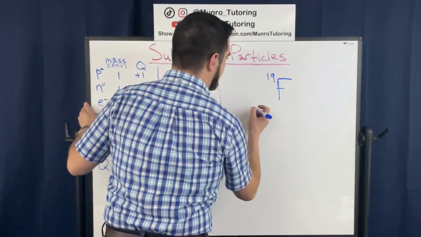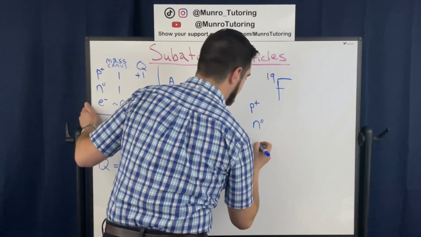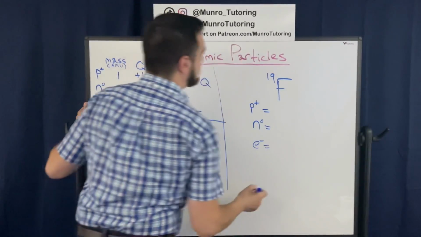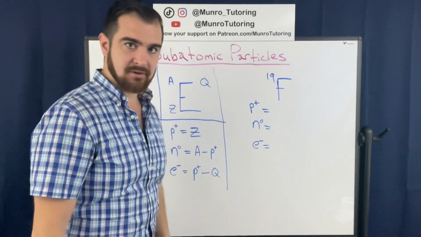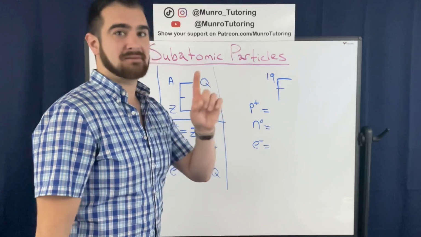So if we want the number of protons, neutrons, and electrons, well, remember that protons are equal to the atomic number. Now, I didn't give it to you, so what do we do in this case? The periodic table.